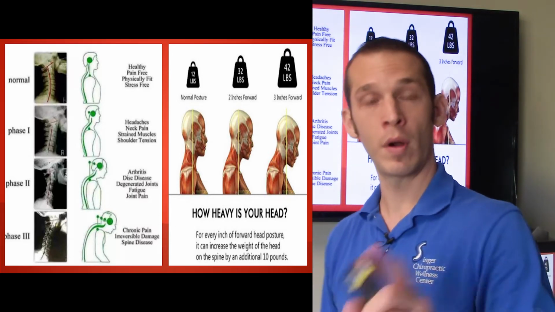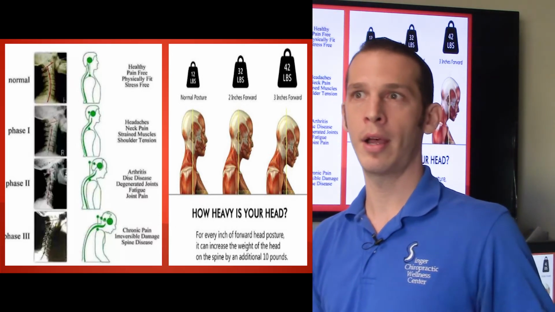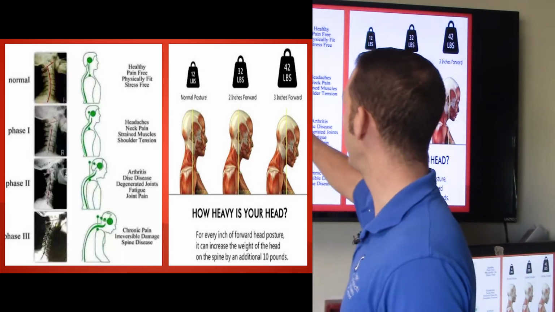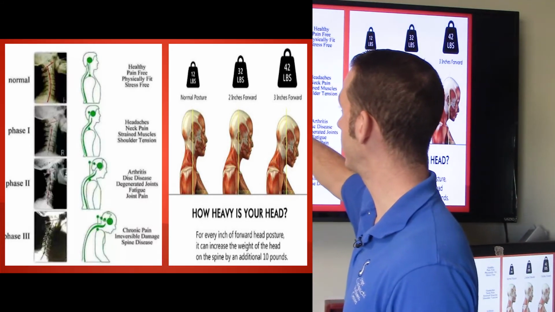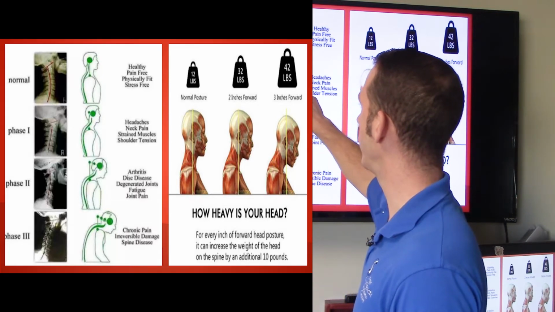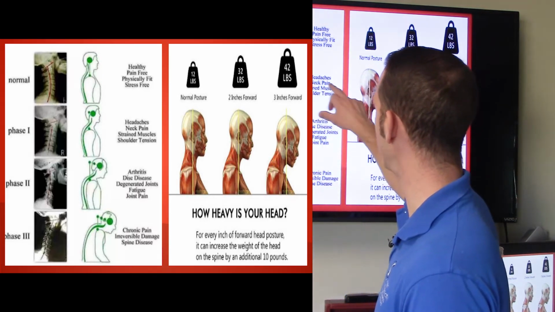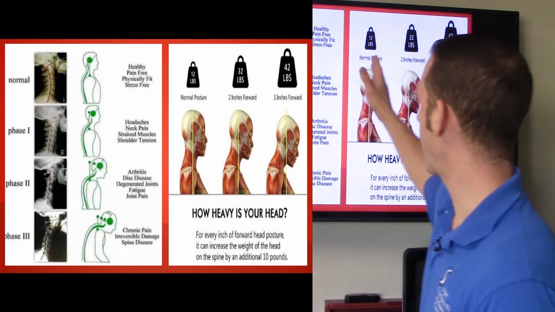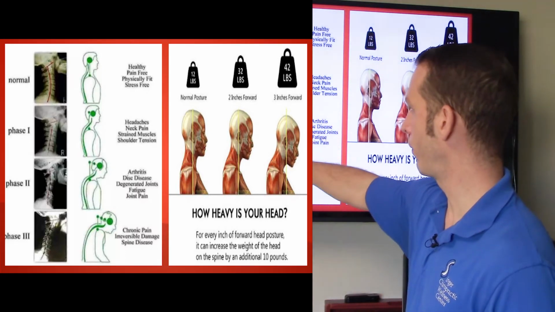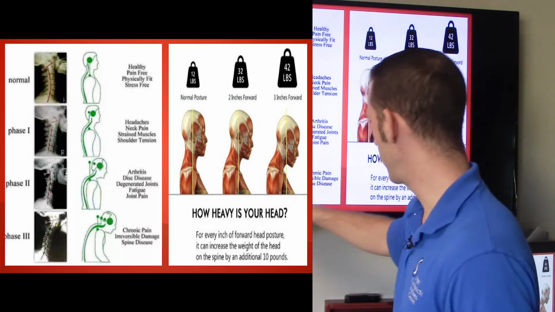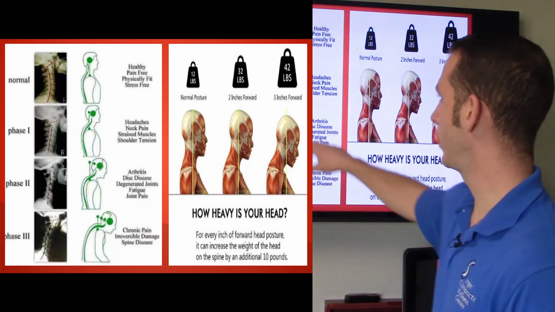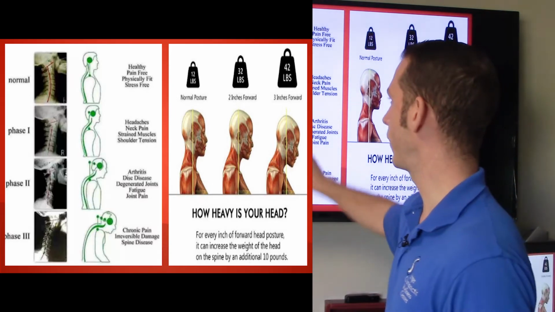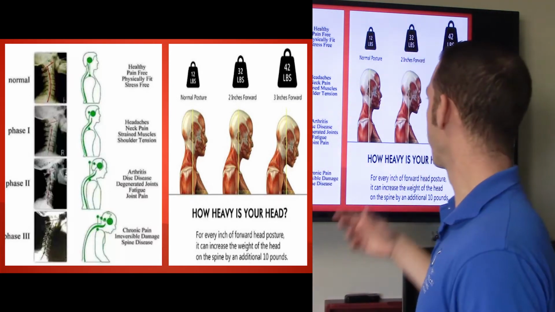Again, if you want to know more about whiplash, you could take a look at our other video that we did on car accidents and whiplash. But you can get that pressure on those discs, and it strains the muscles, creates shoulder tension, and this is further degeneration, and you can see the postural changes that can occur with different phases of degeneration.